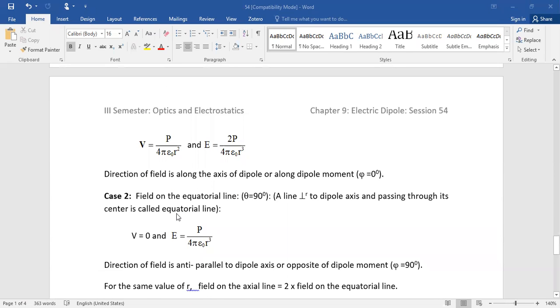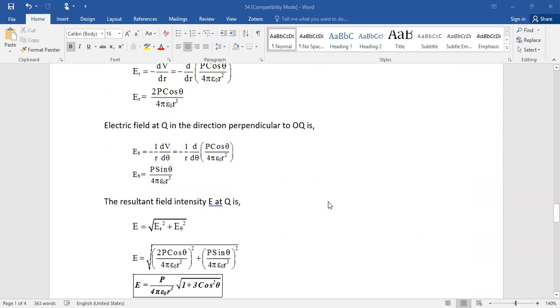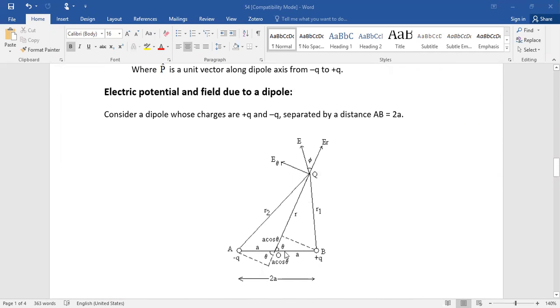Next, consider another case, where we take the external point on the equatorial line. The equatorial line is the line perpendicular to the dipole axis and passing through its center. This is the center of the dipole.